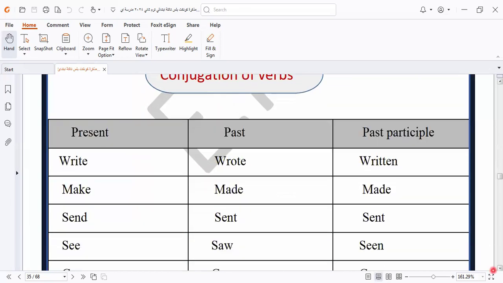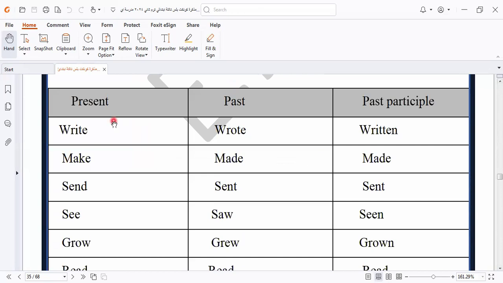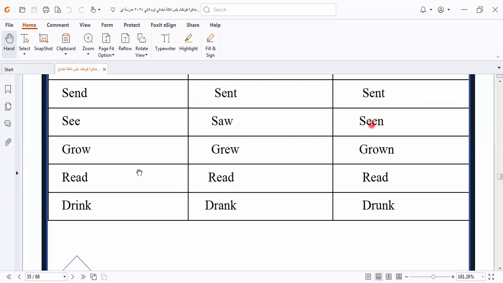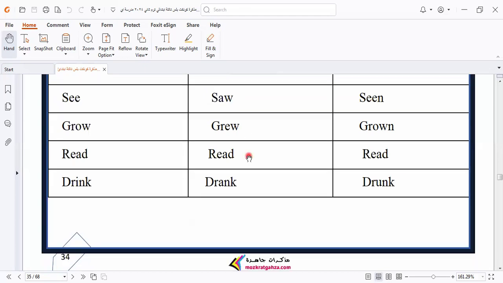I would like to keep grade 3. You must keep this point. Okay. Have, write, wrote, written, make, made, send, sent, see, saw, seen, grow, grown. Read, read: in pronunciation only, but written the same, with a different pronunciation.